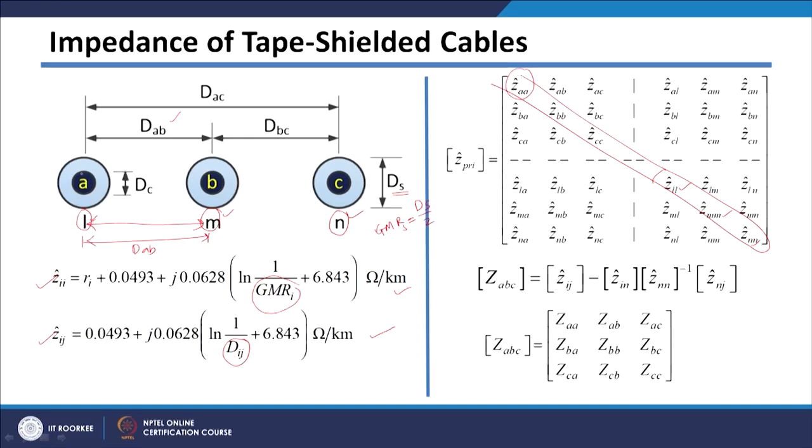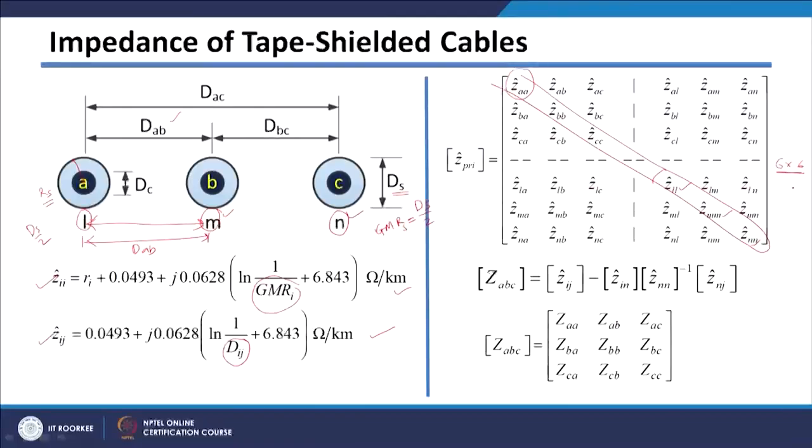And the distance between a conductor and its shield is the radius of the shield, RS, which is ds by 2.